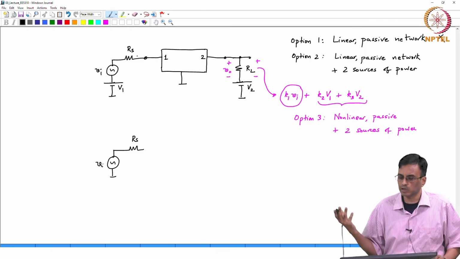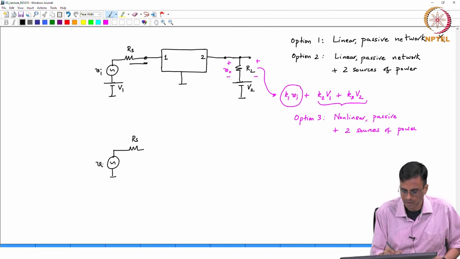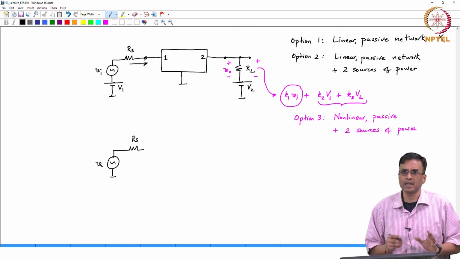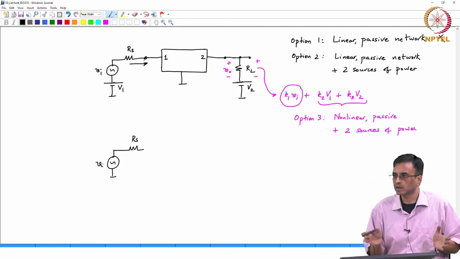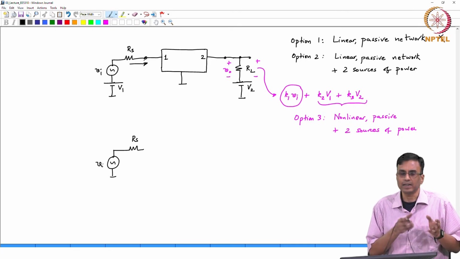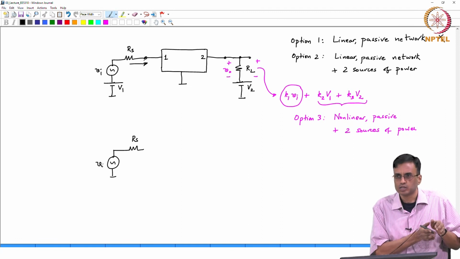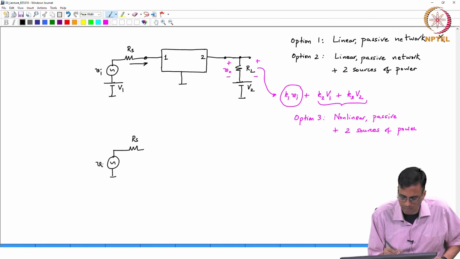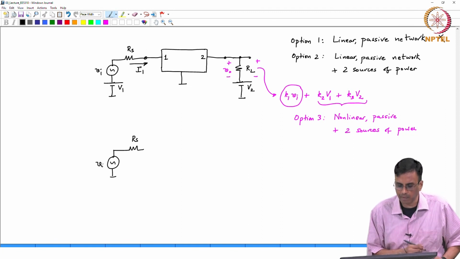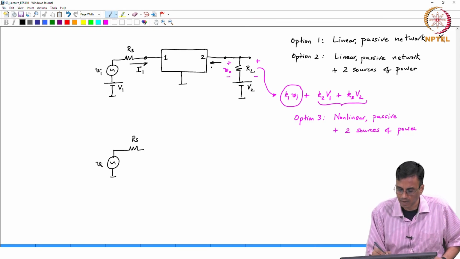What comment can you make about the drop across RL and Rs? To find the operating point, what will you do to the small signals? You disable all the small signals. So, when you do that, Vi will become 0, there will be some current here, there will be some current there.